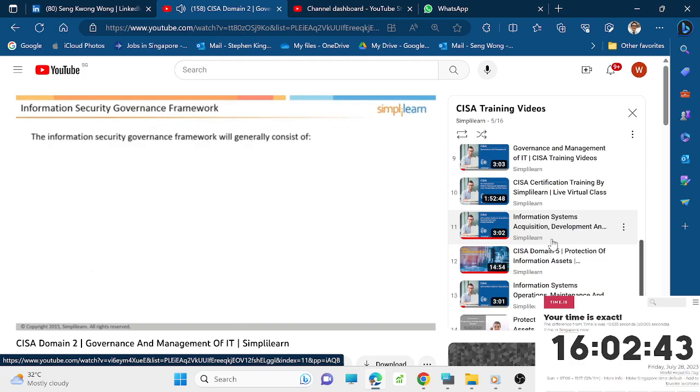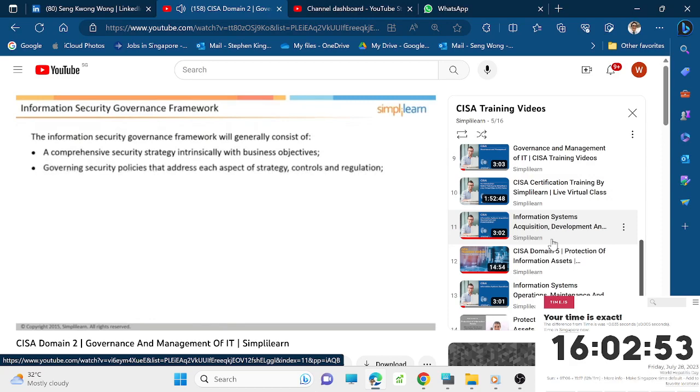The Information Security Governance Framework will generally consist of a comprehensive security strategy intrinsically linked with business objectives and governing security policies that address each aspect of strategy, controls, and regulation.